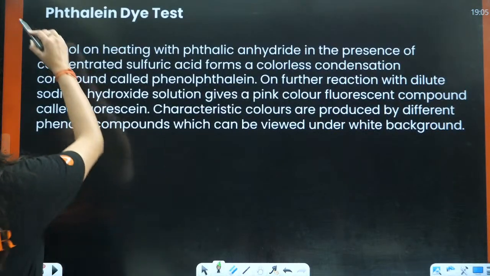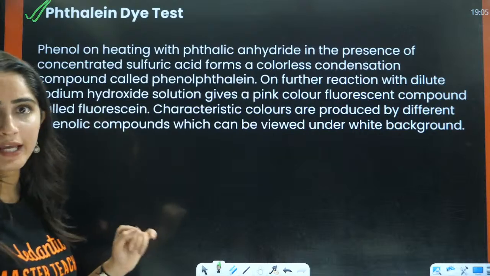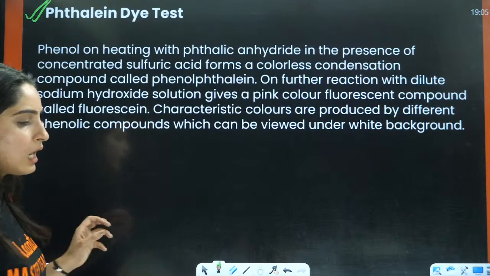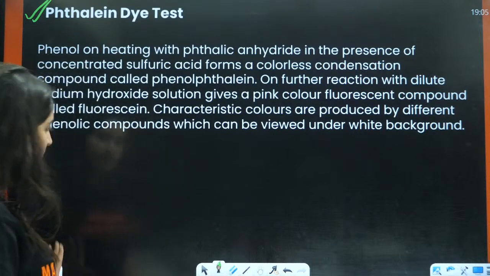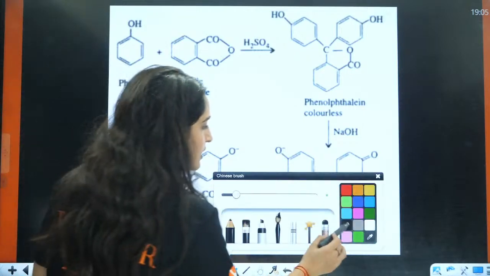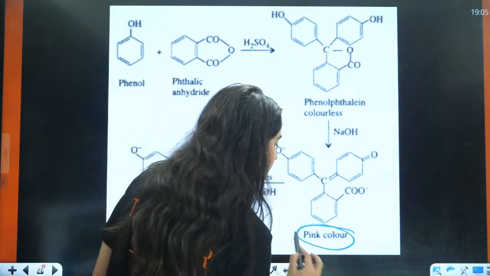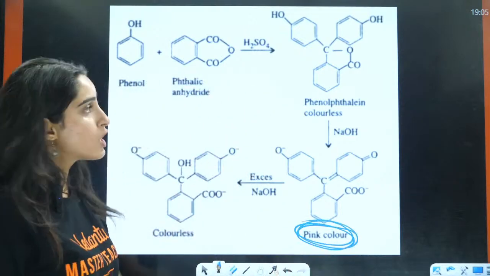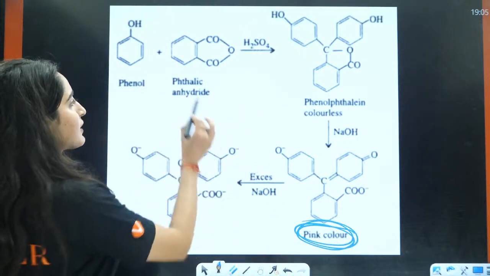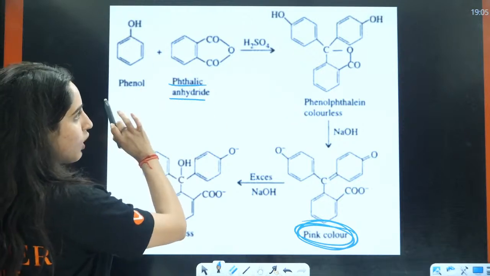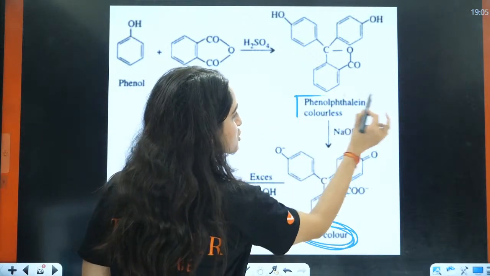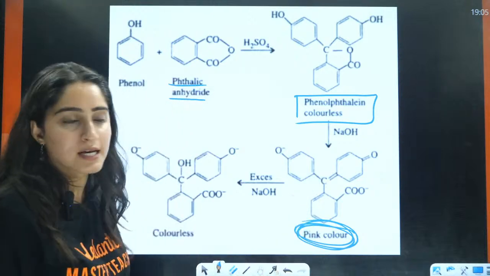Next is the phthalein dye test, again a very important test. Let us see the reactions directly, right? In this case, what you need to remember is this pink color. When you add phthalic anhydride to the phenol, you will have the formation of colorless phenolphthalein, right?